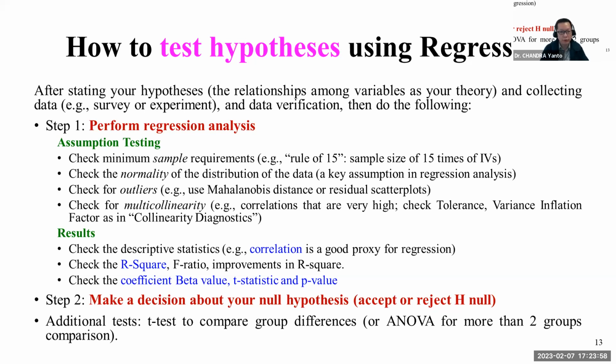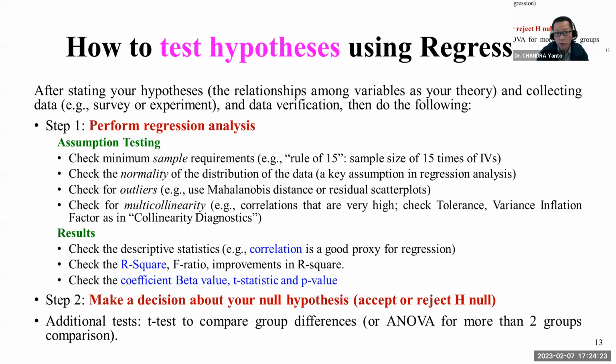The first part before you even do your regression is to check the assumptions, because regression depends on certain assumption testing, which means your regression has to pass this assumption test. If it doesn't pass, basically your results will be very suspicious. Your result will not be something that people can trust or rely on.